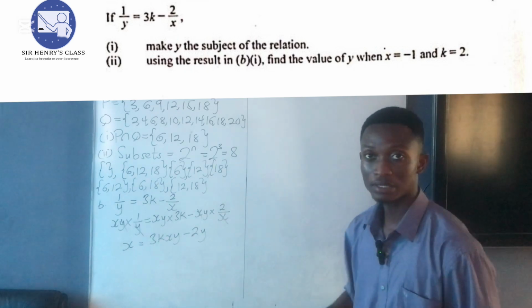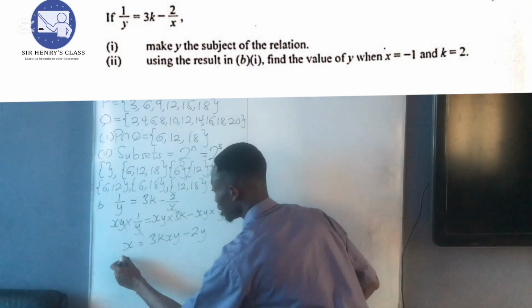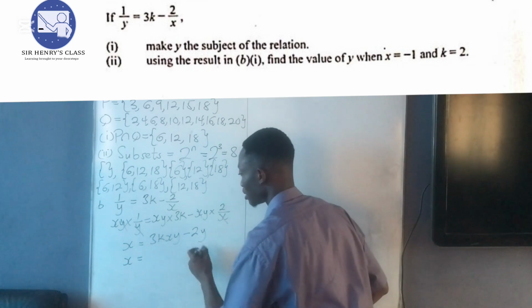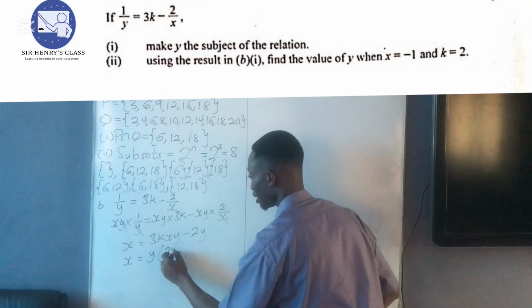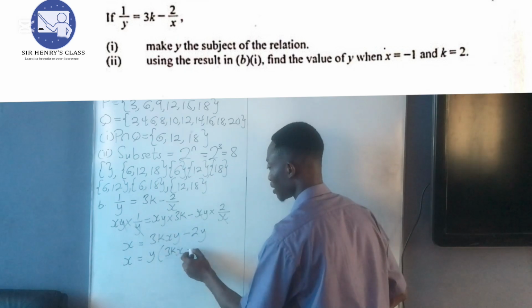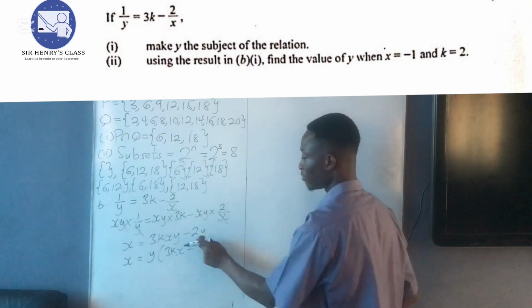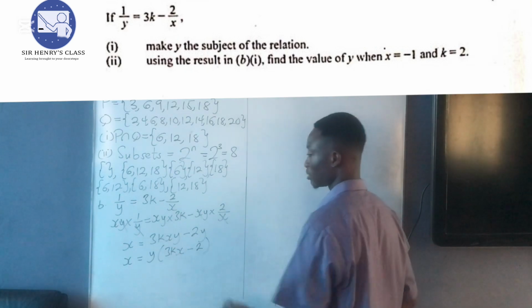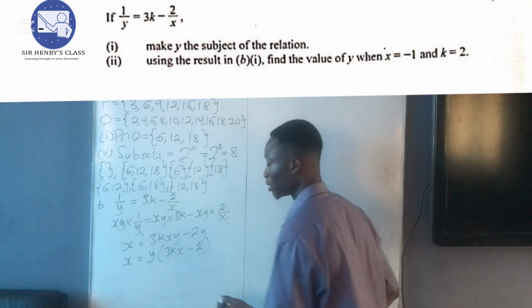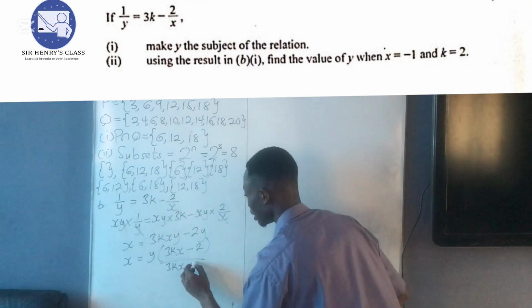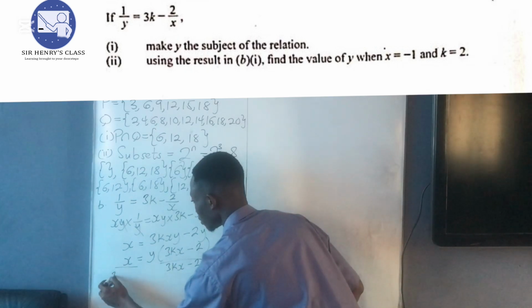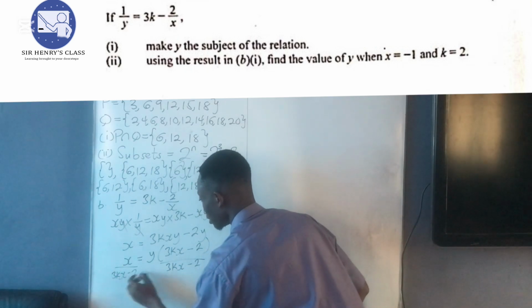So we factorize. x is equal to, we factorize the common value out, that is y. We have y times 3kx minus 2, so 2 is left in the brackets. Now we want to make y the subject, so we divide through using 3kx minus 2.